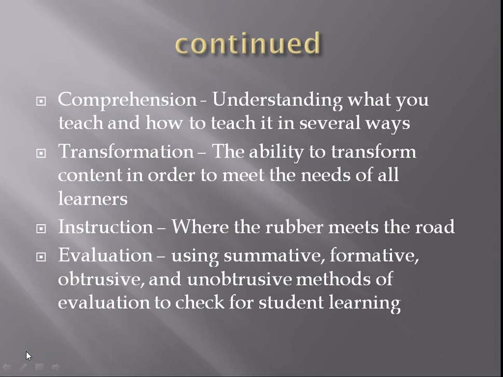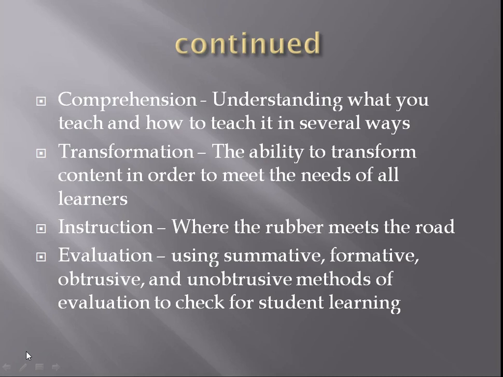I actually stopped this video in order to just double check on obtrusive and unobtrusive. Unobtrusive assessment is done discreetly, where students don't know that they're being assessed. Obtrusive is an assessment that's done where the students know it.